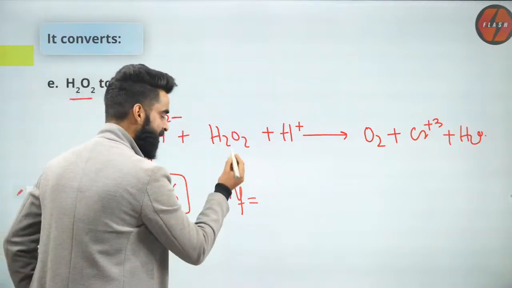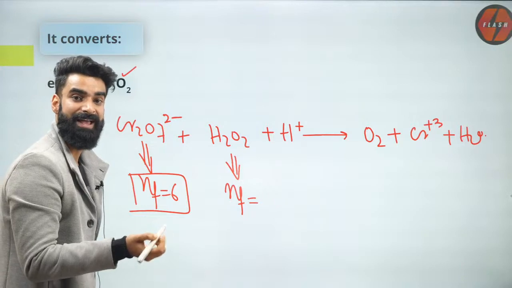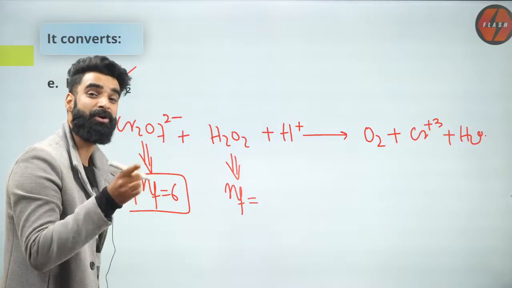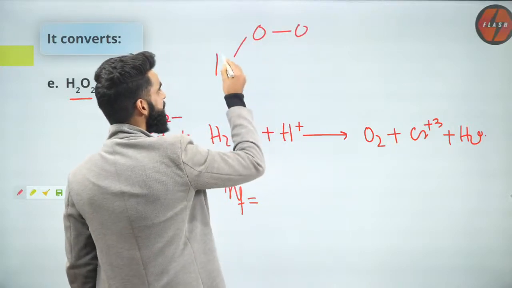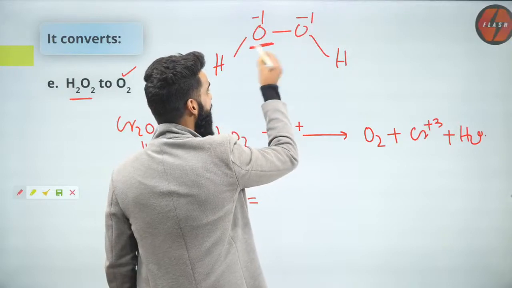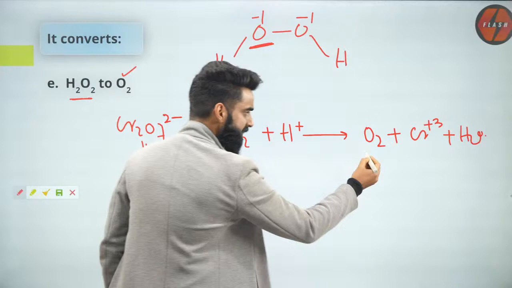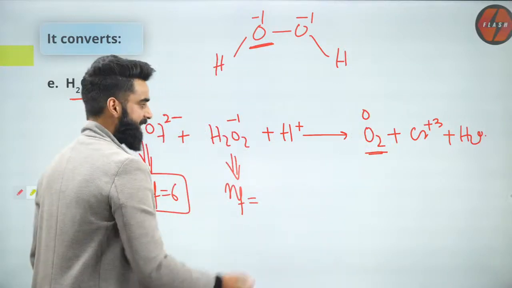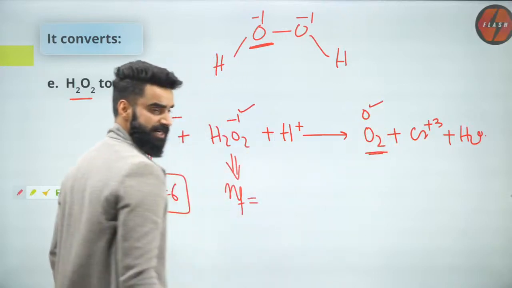See guys, over here, this is hydrogen peroxide, correct? In hydrogen peroxide, is there a peroxide linkage between oxygen and oxygen? What is the oxidation state of oxygen in hydrogen peroxide? -1, right? What is the oxidation state of O2 over here? 0. Can I call this the initial oxidation state of oxygen and this the final oxidation state of oxygen?